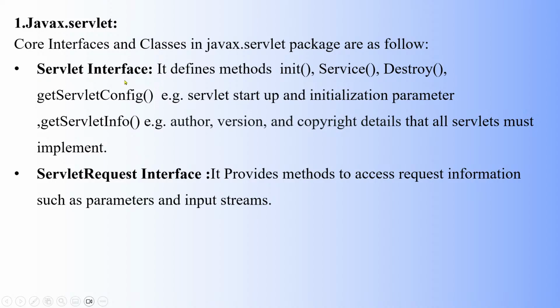So, the servlet interface defines the init, service and destroy methods, as well as get servlet configuration, which gives the startup and initialization parameters of the servlet. Again, get servlet info gives the servlet info: who is the author of the servlet, version, and copyright details, that all servers must implement. Like this, we can take information by using the get servlet info method.